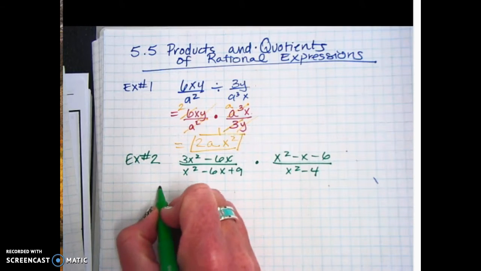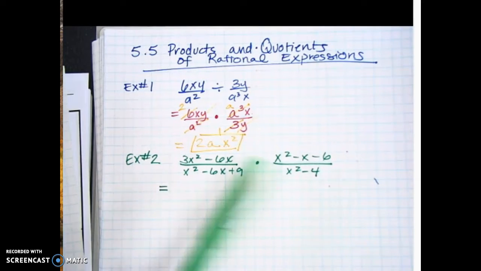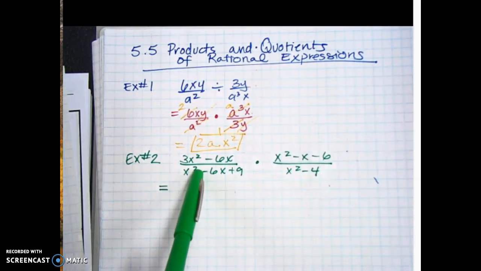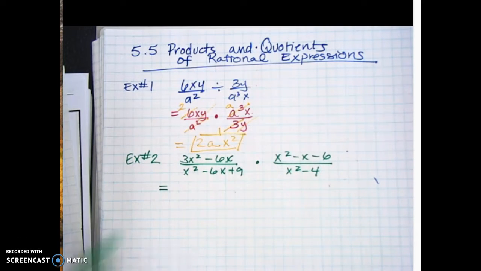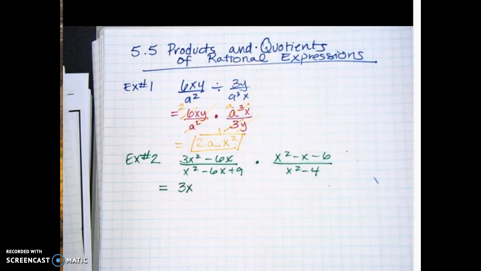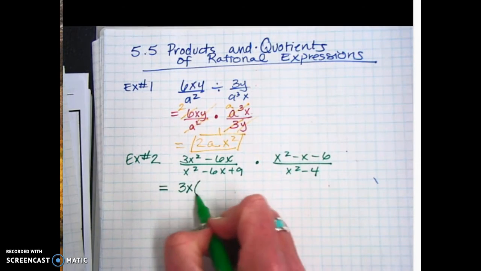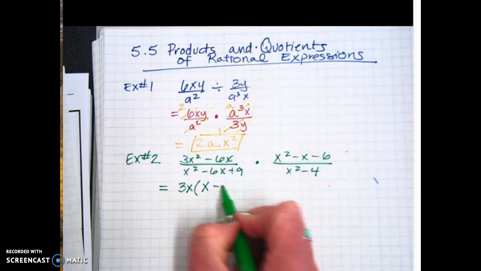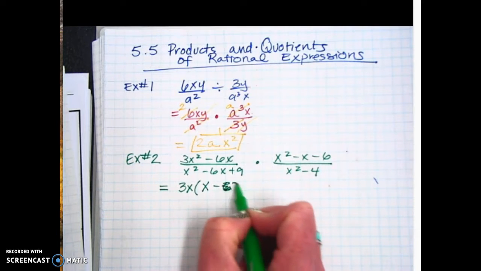Let's start with the expression on the left. We've got 3x squared minus 6x. I see a GCF. What is it? 3x. So if we factor out a 3x, that leaves us with x minus, not 6, 2.